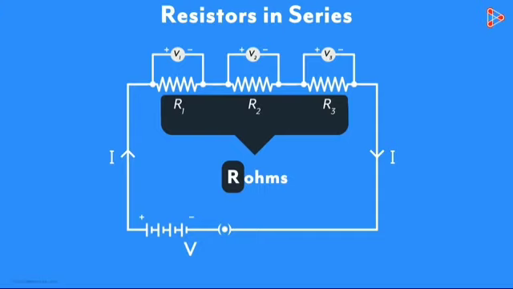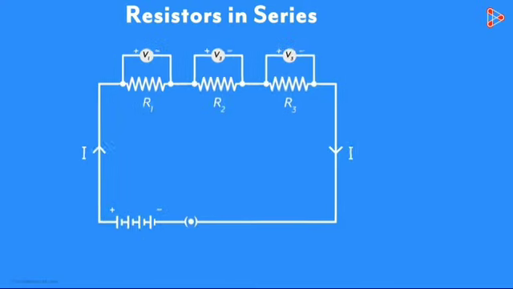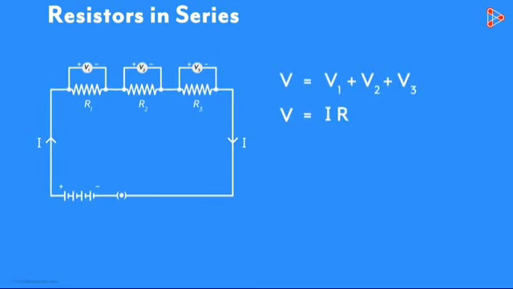So, V is equal to V1 plus V2 plus V3. By Ohm's law, V is equal to IR, so V is equal to I R1 plus I R2 plus I R3.